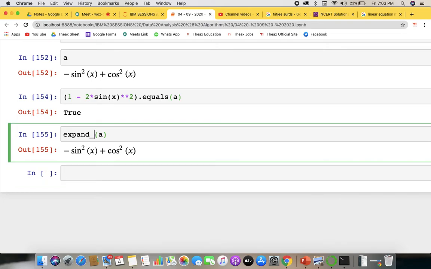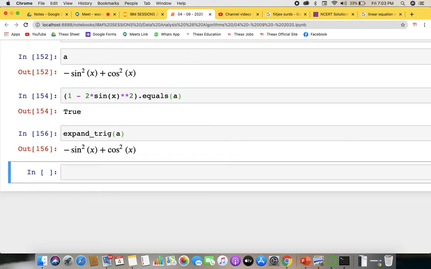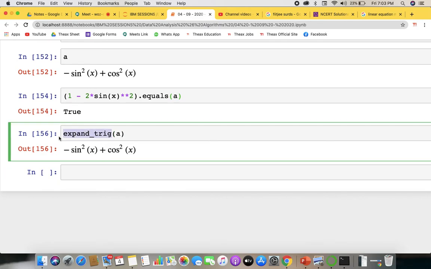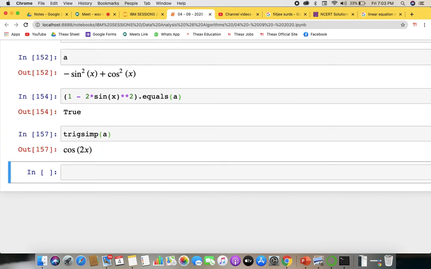For now we want to solve an equation for trigonometry, so that will be trigsimp of that, and that is cos 2x, which also equals 1 minus 2 sine square x.